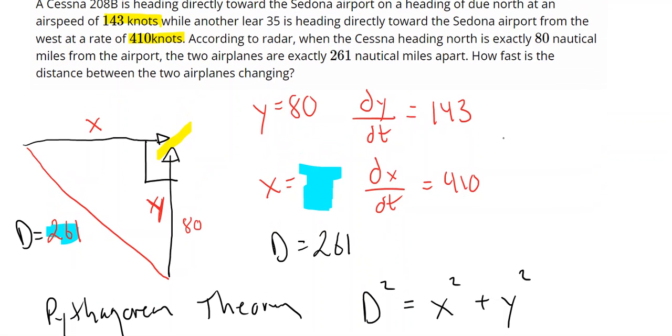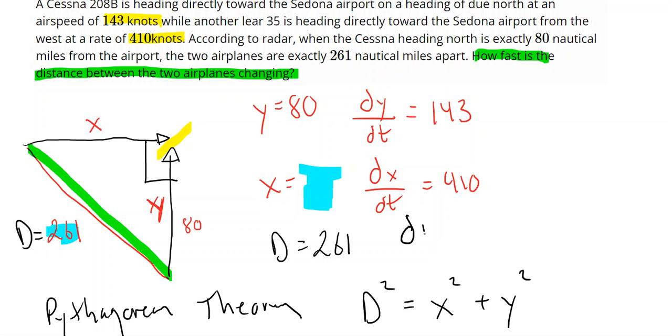How fast is the distance between the two airplanes changing? That would be this distance in here. If that distance is D, then we are looking for dD/dt. That is what we need to find.